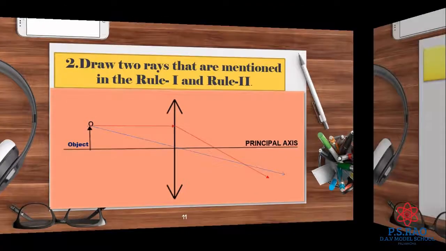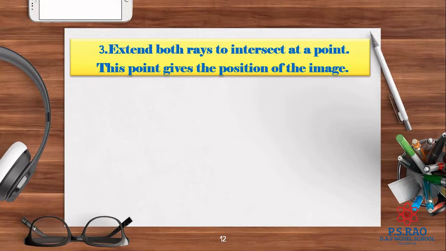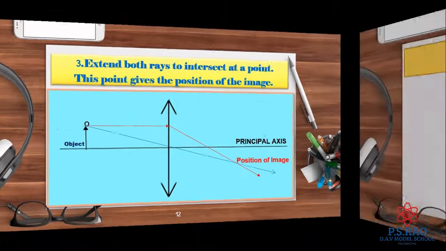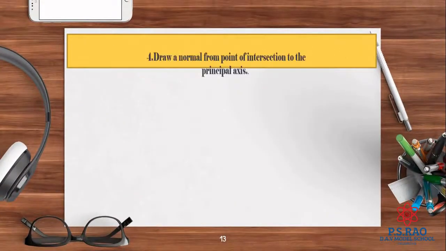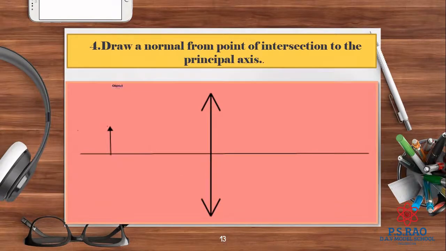And third point, extend both the rays to intersect at a point. This point gives the position of the image. Point 4. Draw a normal from the point of intersection to the principal axis.